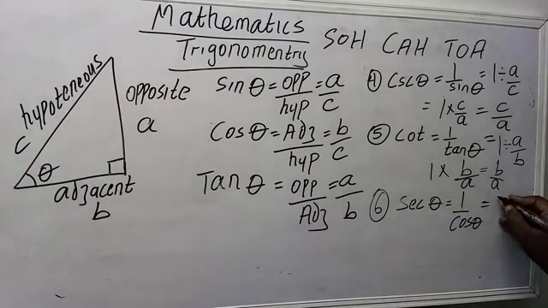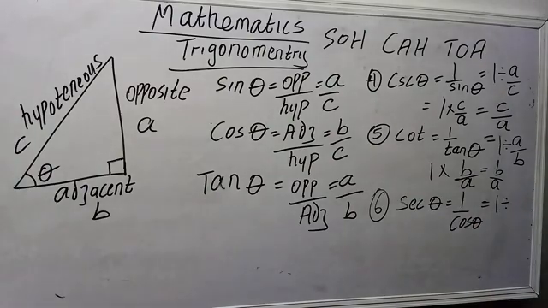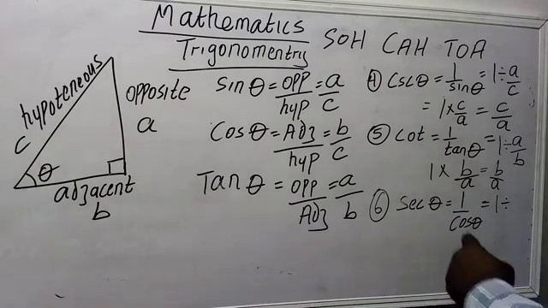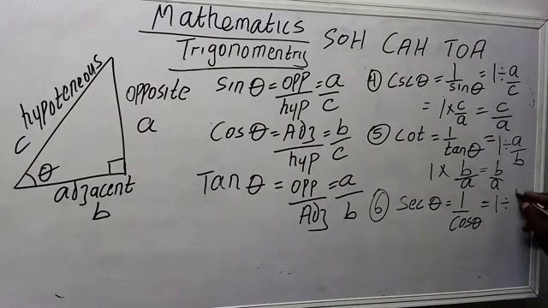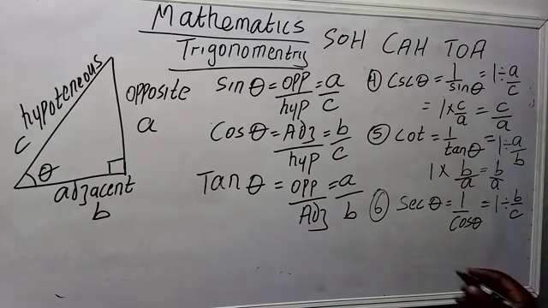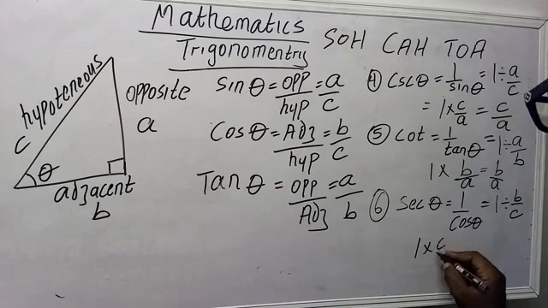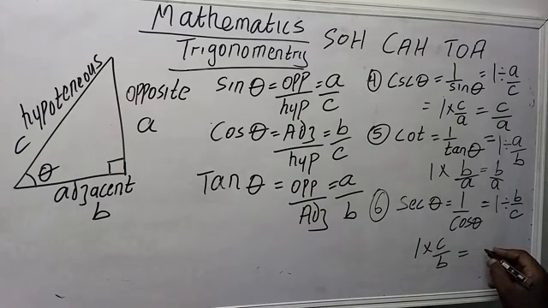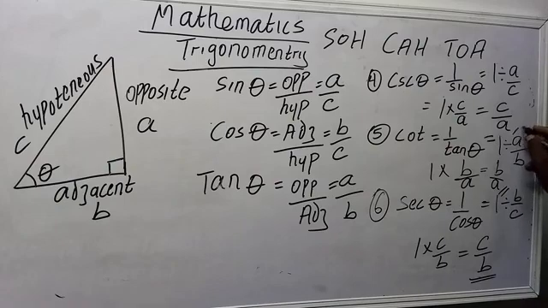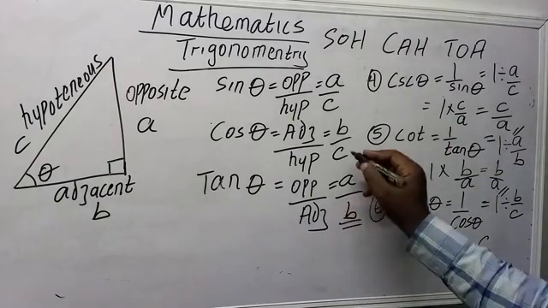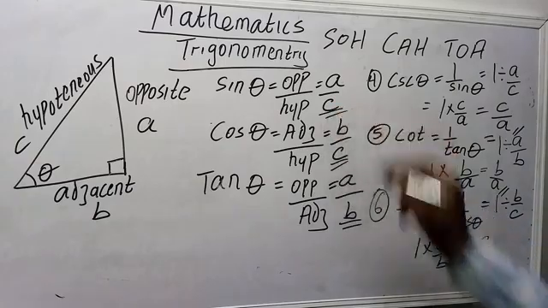That is 1 divided by adjacent over hypotenuse, which is B over C. So that's 1 times C over B. Your answer is C over B. Look at the answers here.